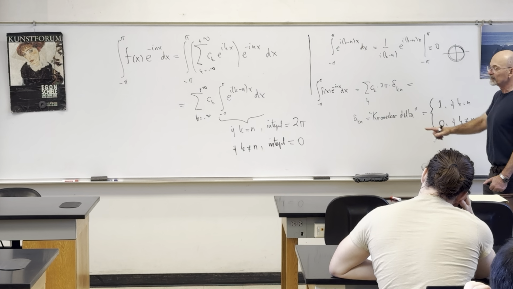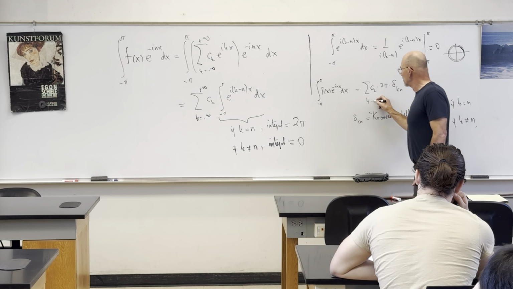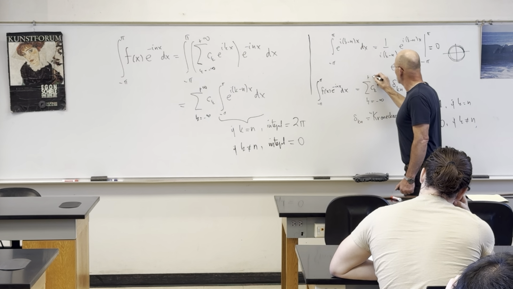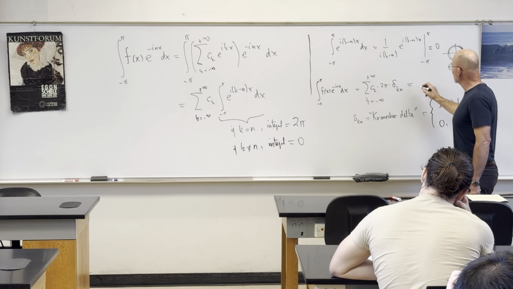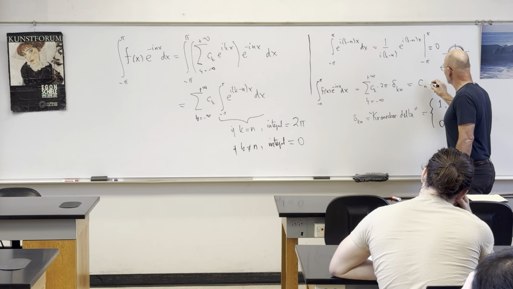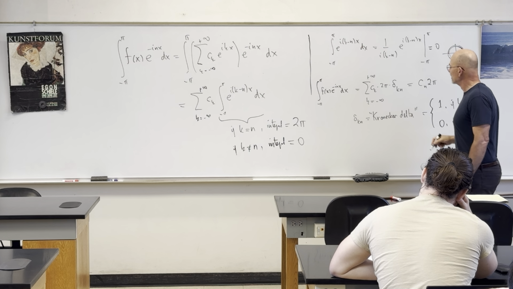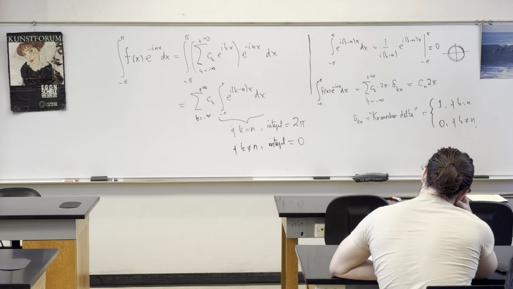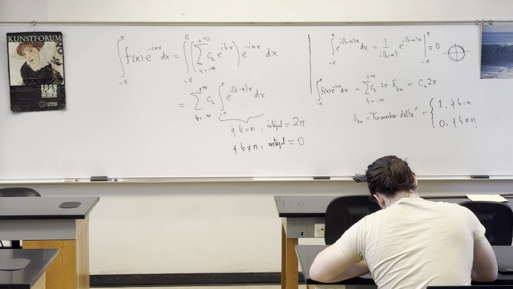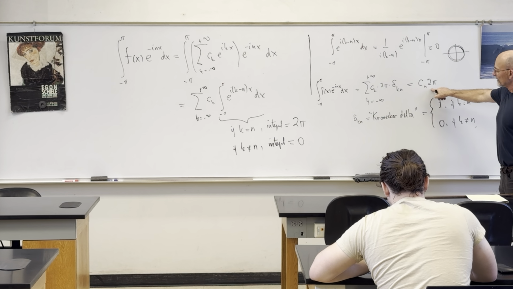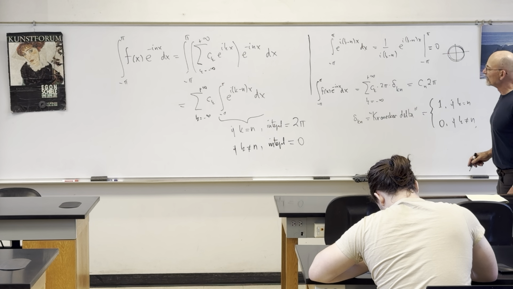We've got an infinite sum, but only one of these values is a one, so we end up with C sub n times two pi. And this answers the question that we originally asked, what the value of the C sub n is, or the C sub k. I can use k again if we want.